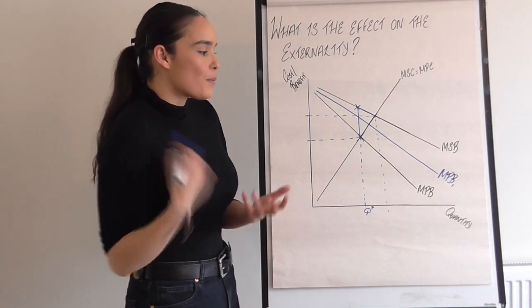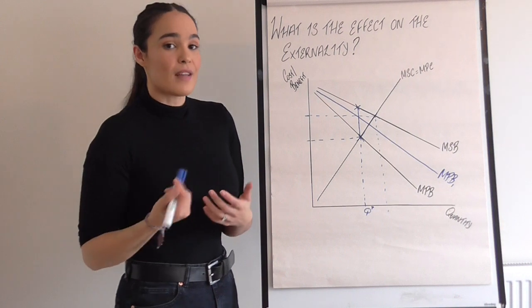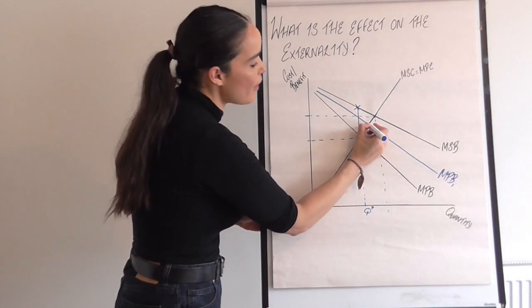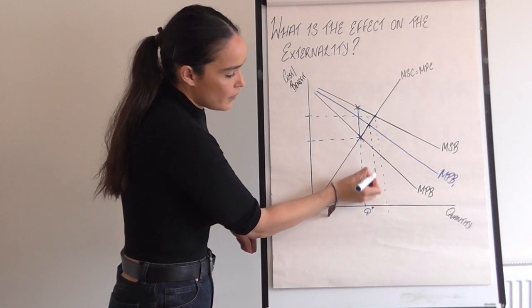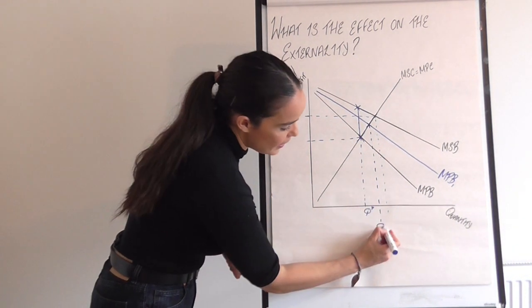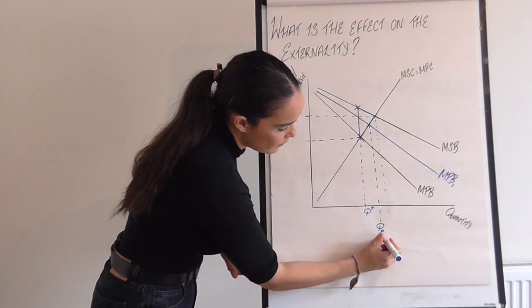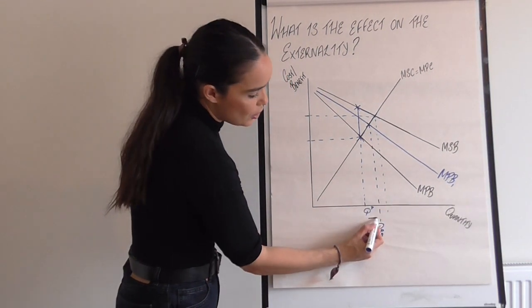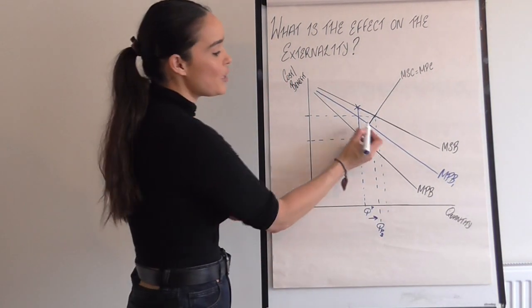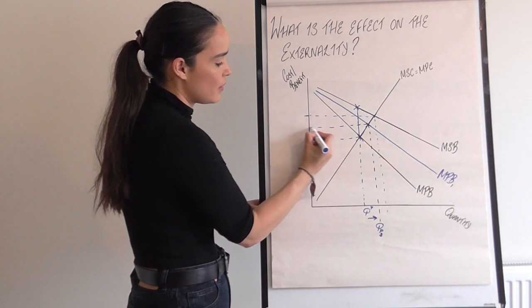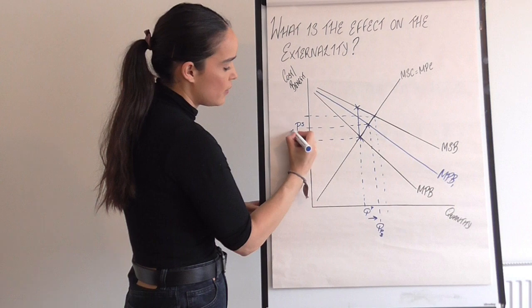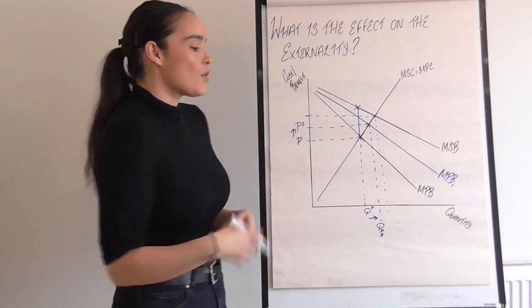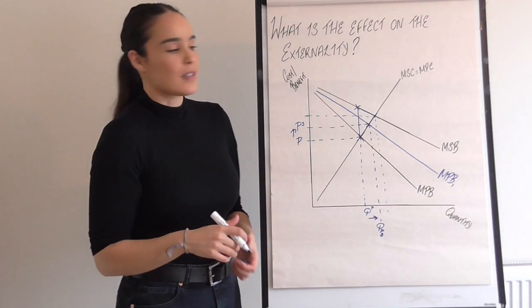And therefore, your marginal private equilibrium has also changed. So your marginal private equilibrium is now here. Essentially what's happened in the market is you are consuming more and you are benefiting from that consumption more, right?